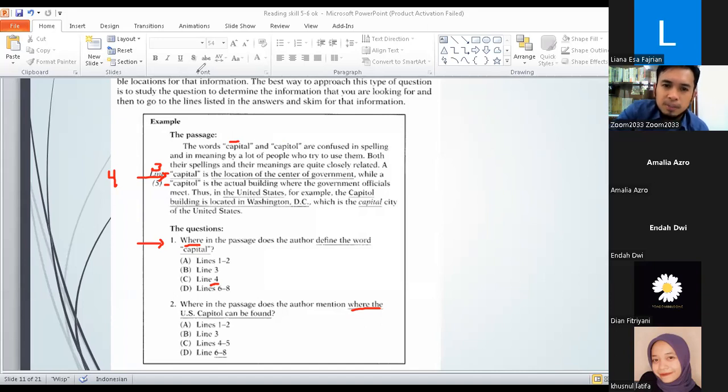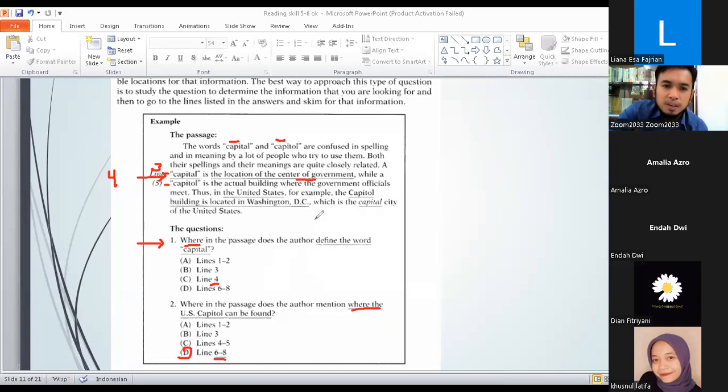Farah, Delta. Kusuma, Delta. Dea, Charlie. Where does the author mention where the US capital can be found? Lanira, Delta, Novita, Delta, Dian, Delta. Okay, mostly the answer is Delta. Line 6 until 8.